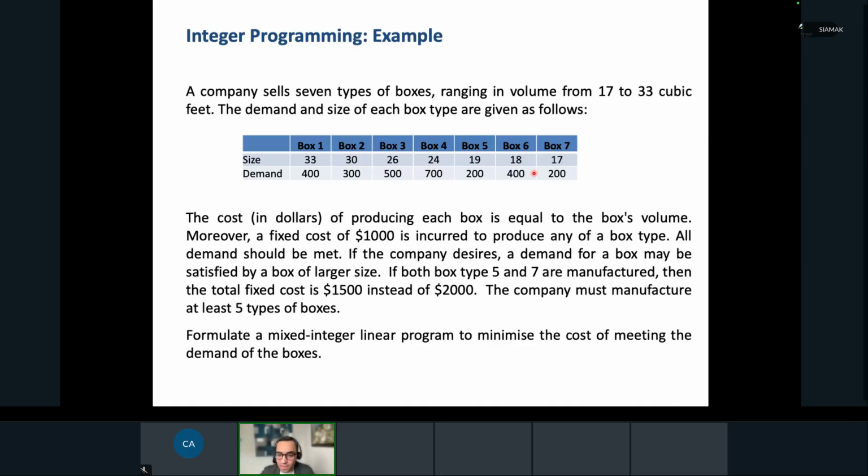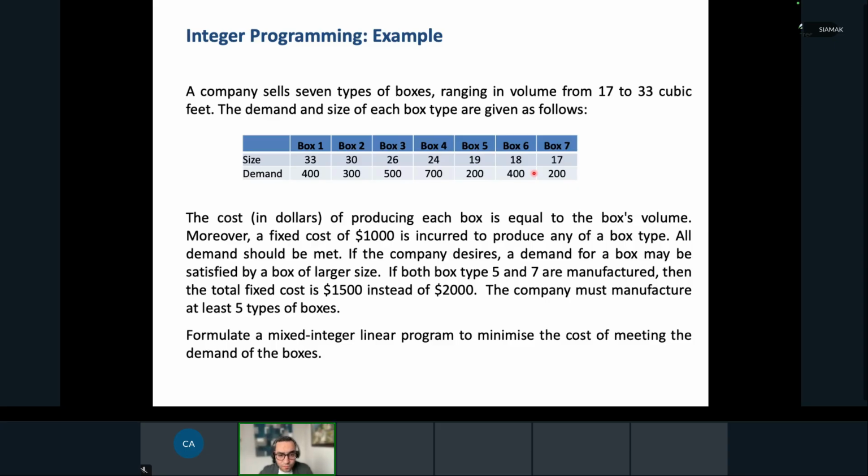But we do that again, as Sebastian said, there is a fixed cost of producing box 5. Maybe it is not economically feasible. Do you remember this that we had in the core example last week? So it might not be economically feasible to do that. That's why we may decide to satisfy the demand of a smaller box by a larger one, even though we know that it is more expensive.